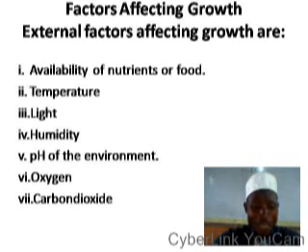Then pH of the environment is another factor affecting the growth of plants. pH, the power of hydrogen, is a measurement of the amount of alkalinity and acidity of the environment or soil.